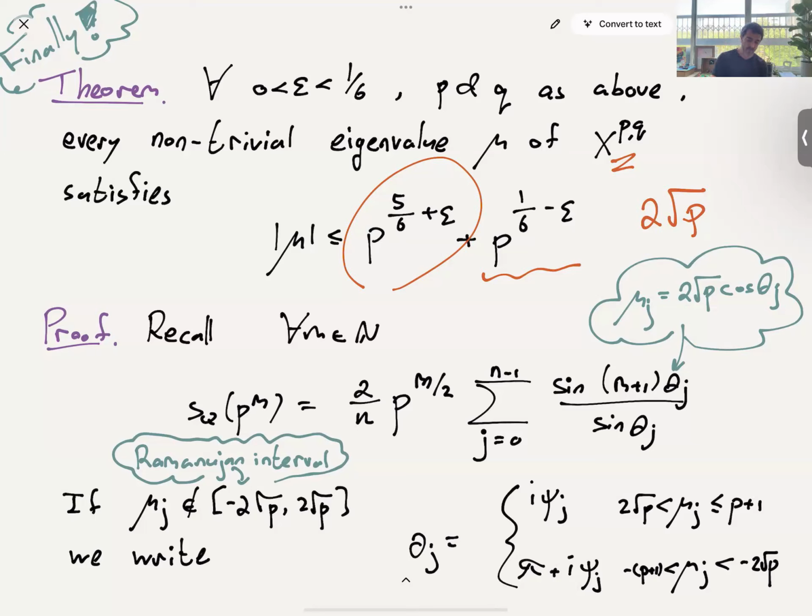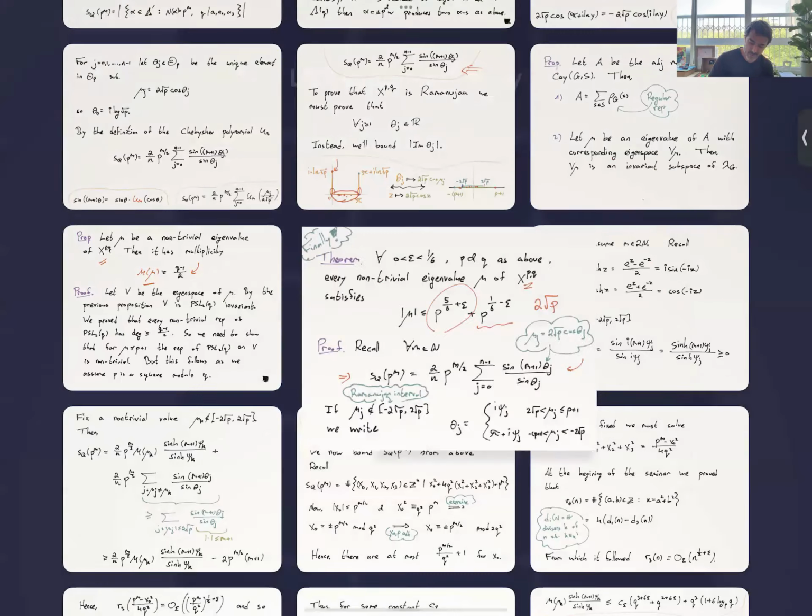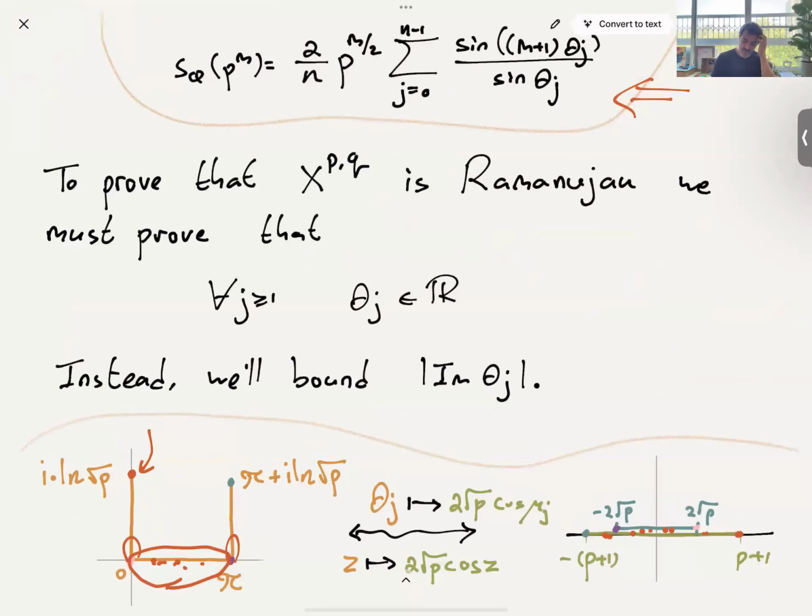So kind of connected to what I said at the beginning, recall that S_Q of PM is this expression, where the theta j's are those pre-images under this map. The mu's sit here, the theta's sit here.